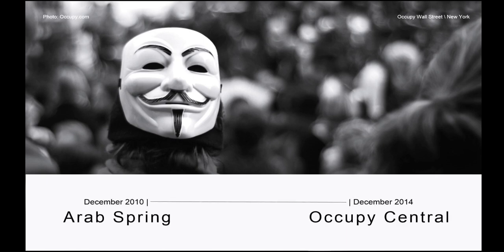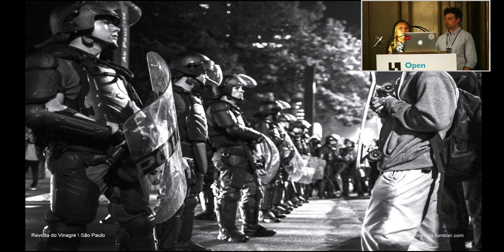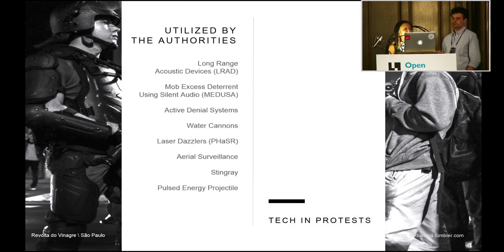Technology has been playing a very important role in the recent wave of protests, from Arab Spring to Occupy Central in Hong Kong. And these technologies can be divided up into two main categories. First, those utilized by the authorities, which consist of sound cannons, water cannons, stingrays, active denial systems.